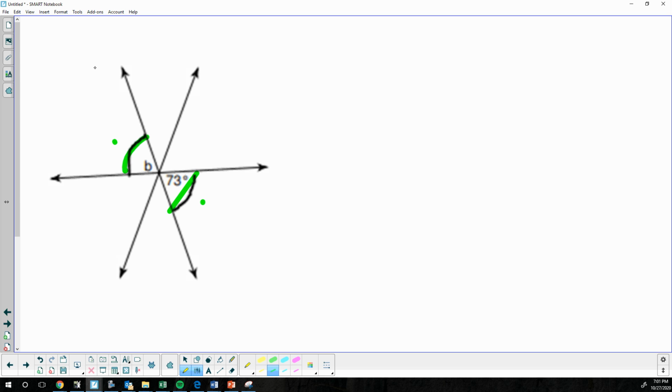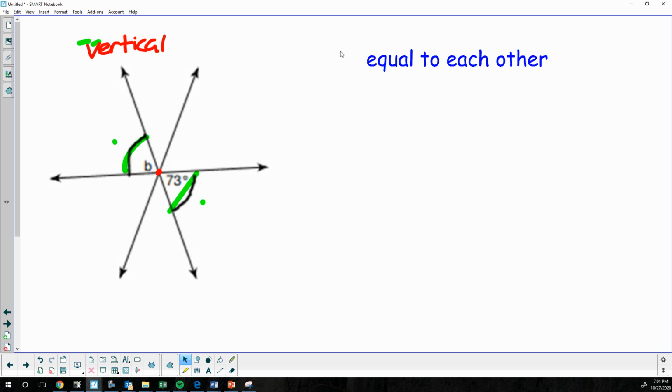So hopefully you remember that these are vertical. They are across from each other. They don't touch. They share just an endpoint. So what is this relationship? This relationship is that they are equal to each other.